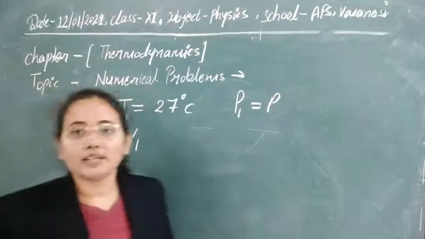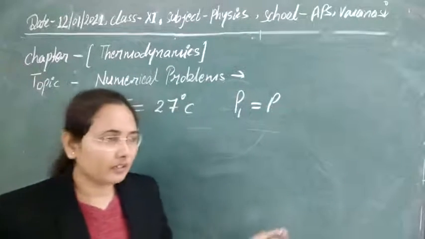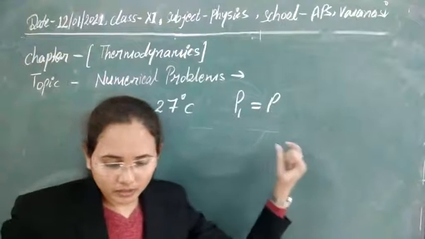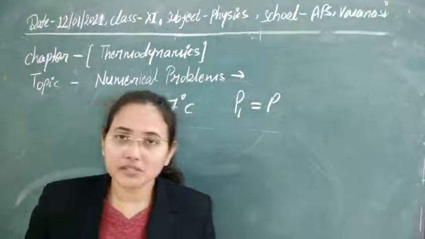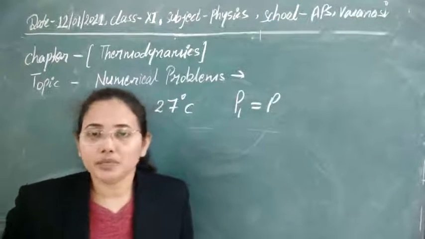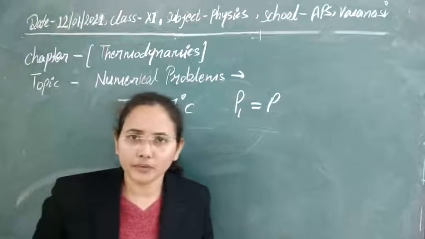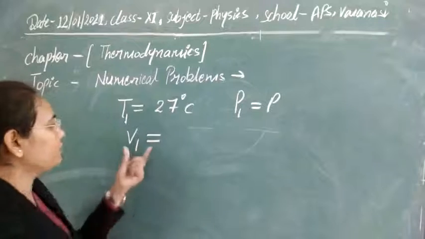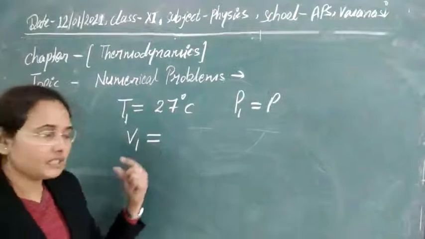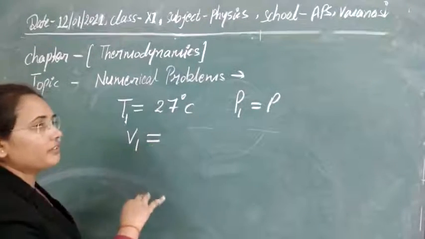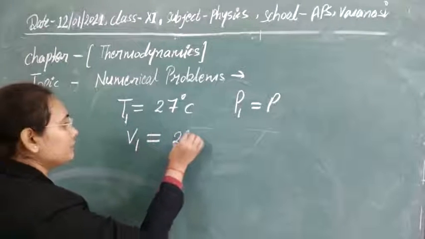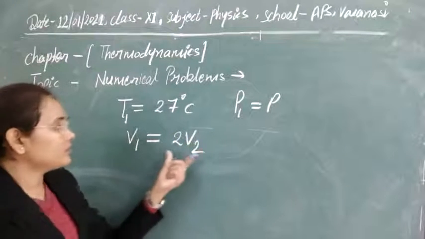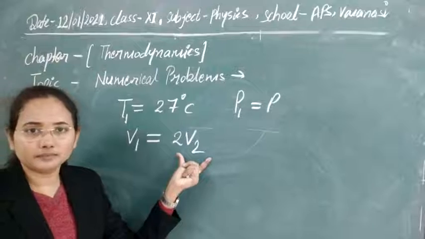Now after compression of this air, the temperature becomes T2, pressure becomes P2, and volume becomes V2. The given relationship between V1 and V2 is that V2 is just half of V1, or in another way you can write V1 is 2 times V2.